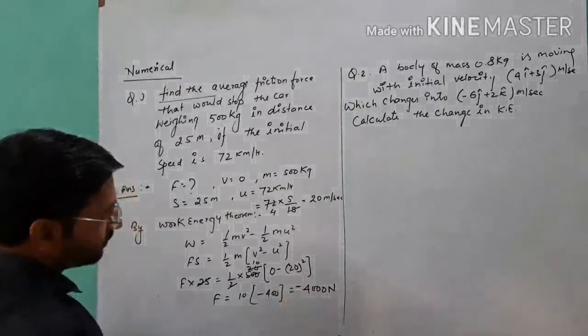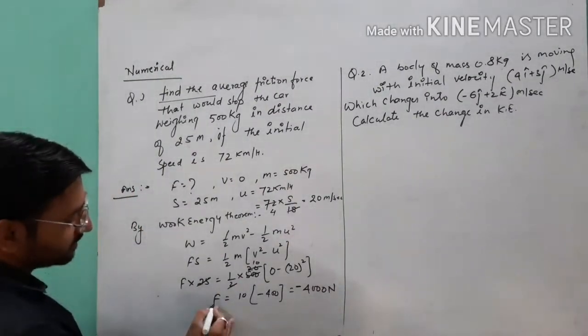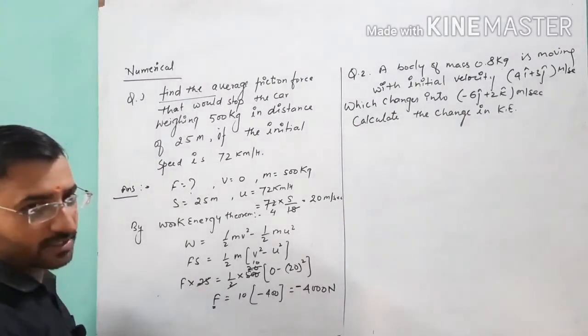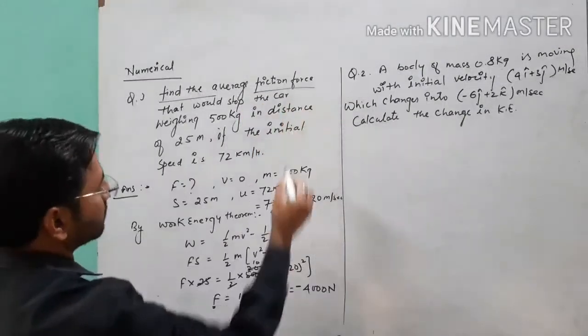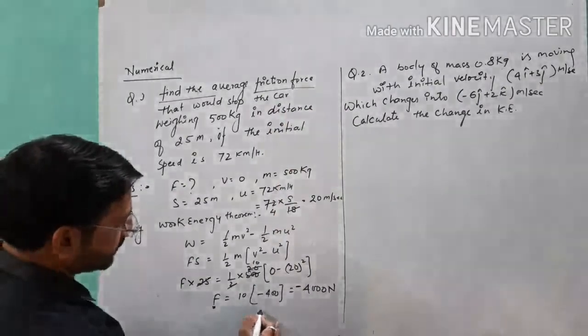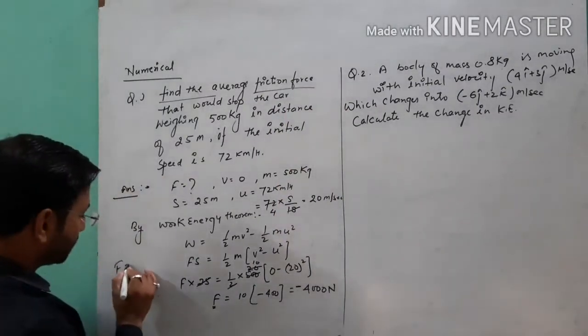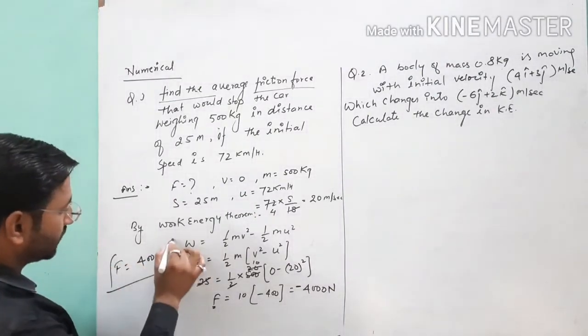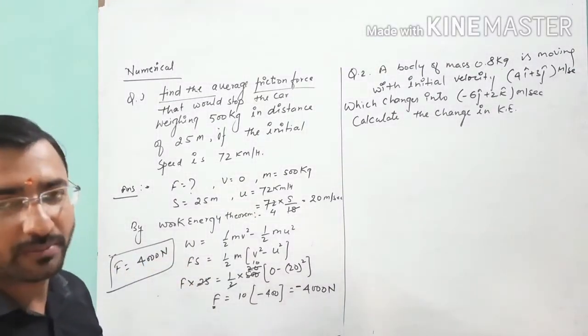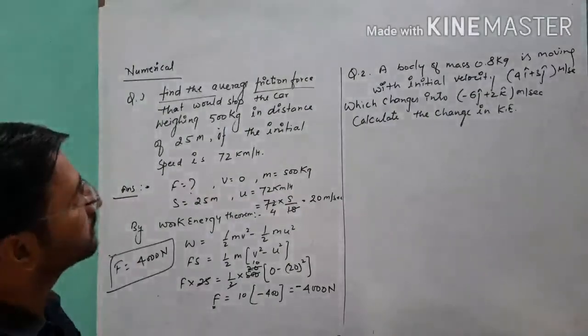This negative sign also implies that this force is opposite to the direction of motion of the car because it is frictional force. Point clear? So our answer is F equal to 4000 Newton in magnitude. Point clear? This is the answer of the first question.